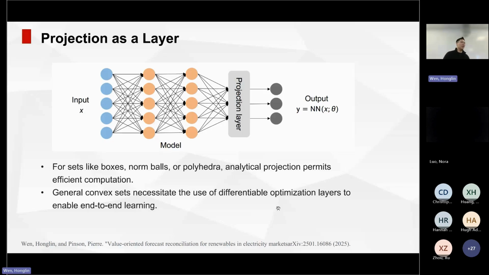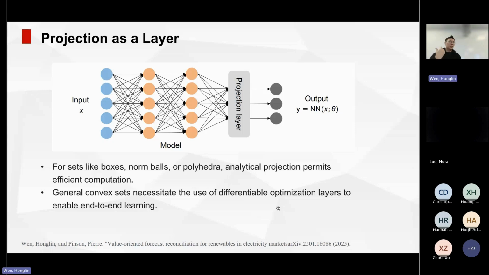We can have the projection as a layer. In physics this is termed a differentiable simulation, or a differentiable optimization. You can add a layer after the normal layers of the neural network that takes some intermediate predictions and passes them into a projection layer, which maps them back to the physical space.